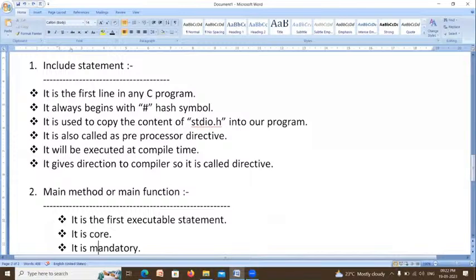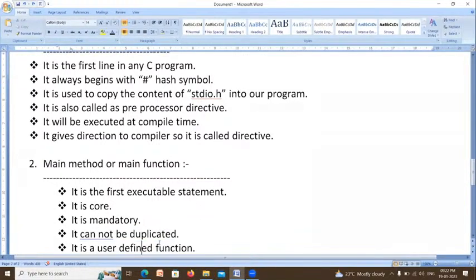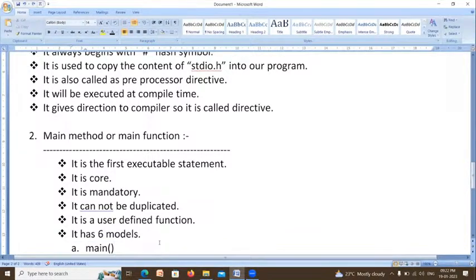The second type of statement is main method. It will execute at the beginning, so it is called the first executable statement. It is very, very important, it is core. We have to write the main method, so it is compulsory, mandatory. You can write main method only one time, it is not possible to duplicate. You need to write the code for main method, so it is a user defined function.